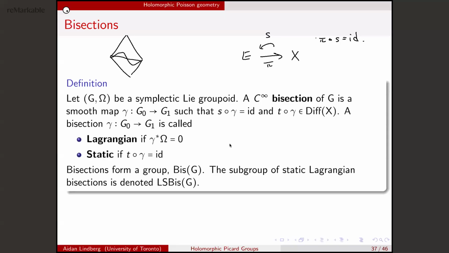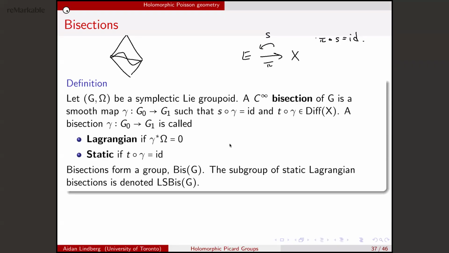But it isn't exactly the identity objects. It's sort of like a deformation of the objects sitting inside the arrows of the category. Okay, and these things form a group. You can compose them. And I'll call the subgroup of static Lagrangian bisections LS bis.